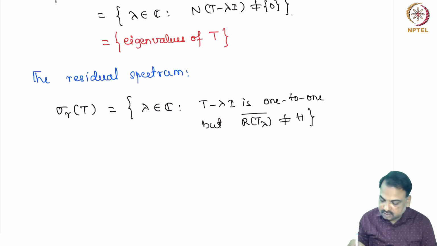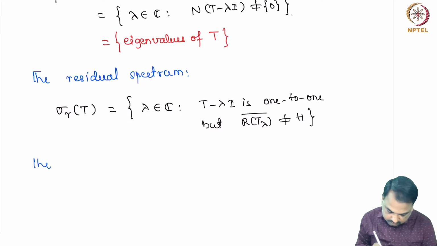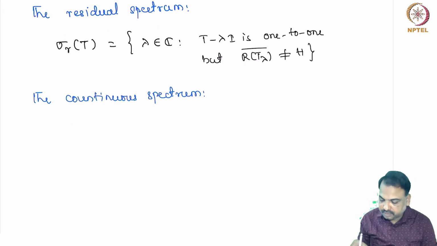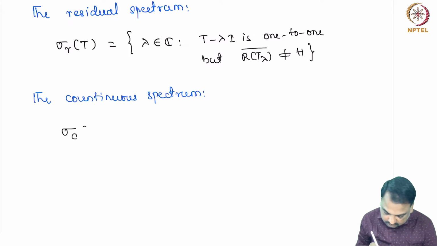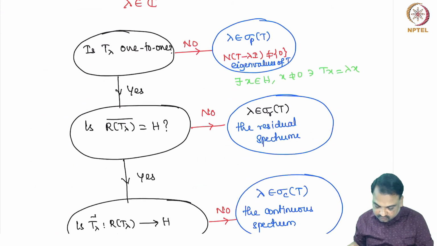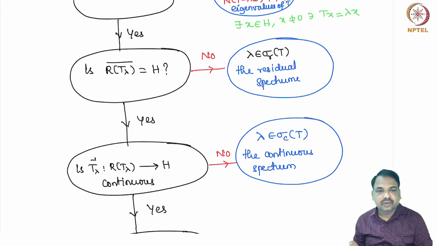Okay, the next is the continuous spectrum. This can be defined as sigma c of T, the set of all lambda in C. When we want to get the continuous spectrum, we should get 2 yes and 1 no. That means T lambda is 1 to 1, the range of T lambda is dense, but the inverse is not continuous.